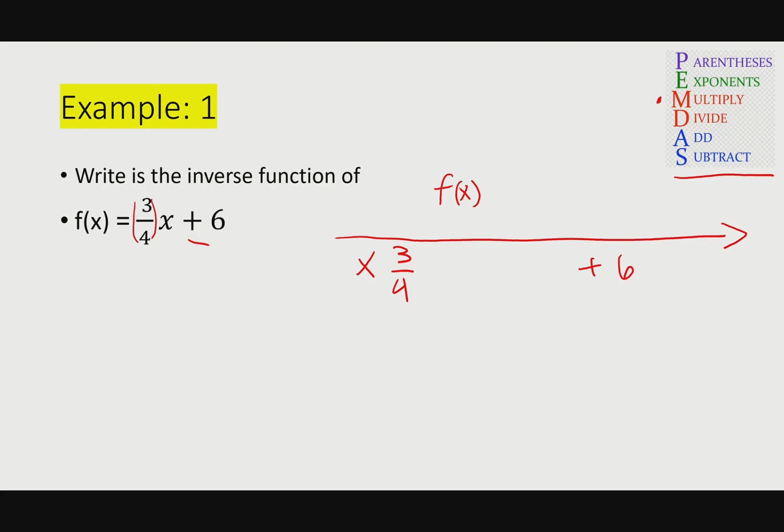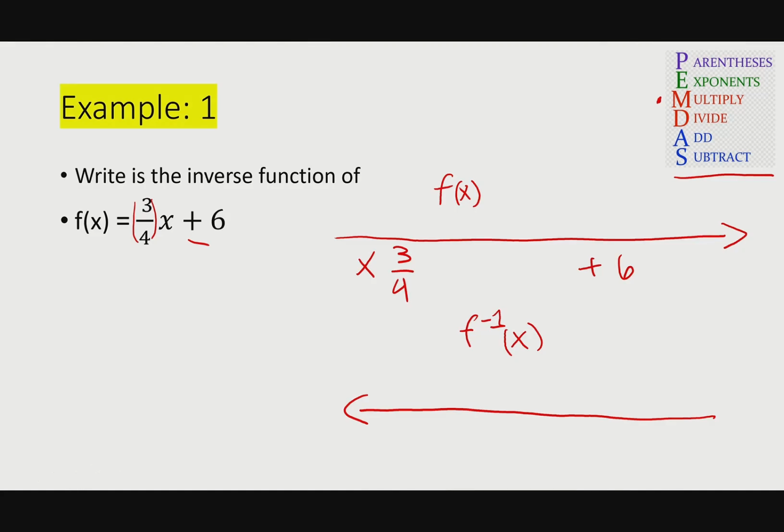Alright, so if we wanted to undo what this function just did, which is the inverse function, first we can write it as our inverse function of x. Now we just want to say, how can we undo what our function did?